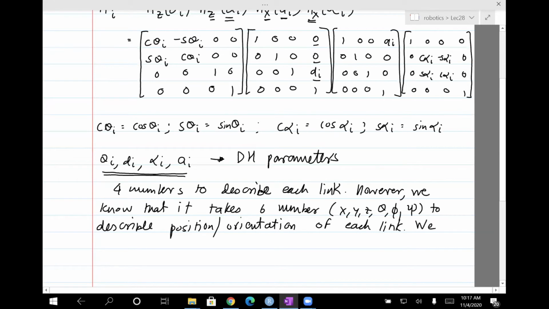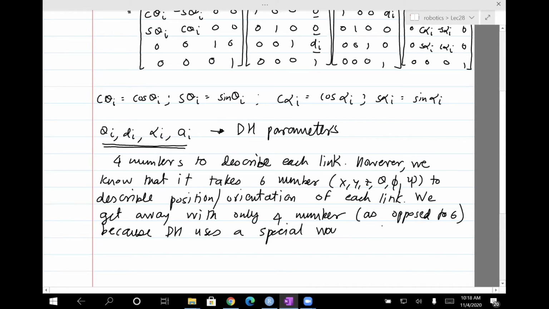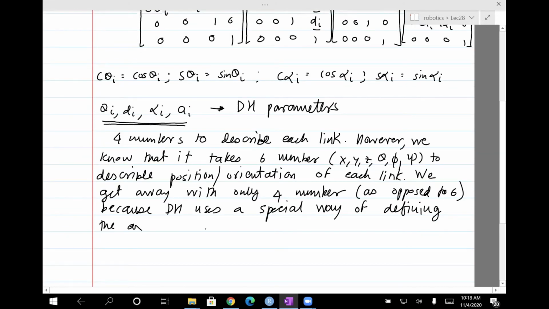So we get away with only 4 numbers as opposed to 6 because DH uses a special way of defining the axis of each link. So what is the special way?